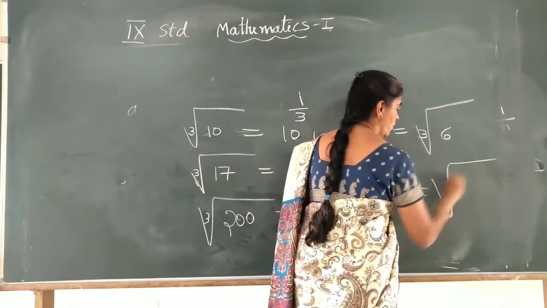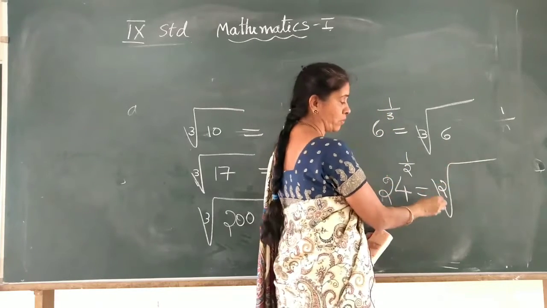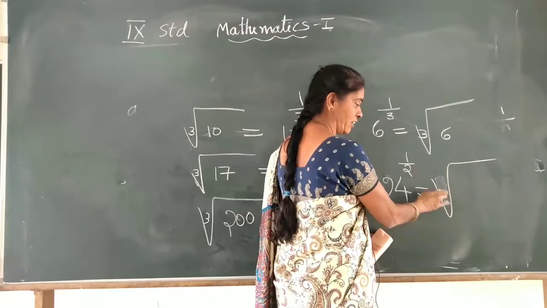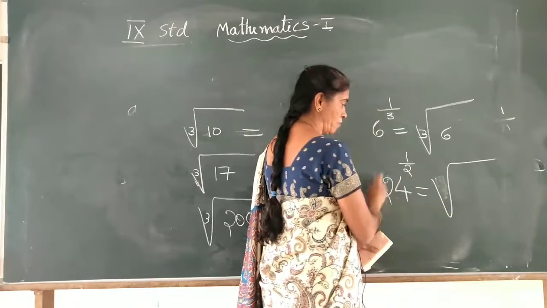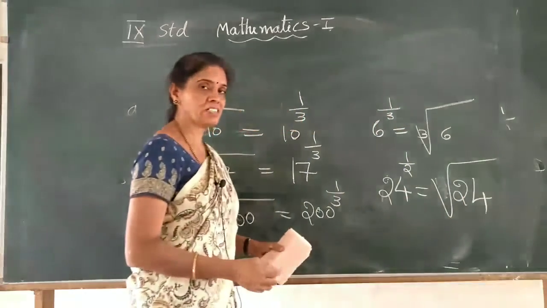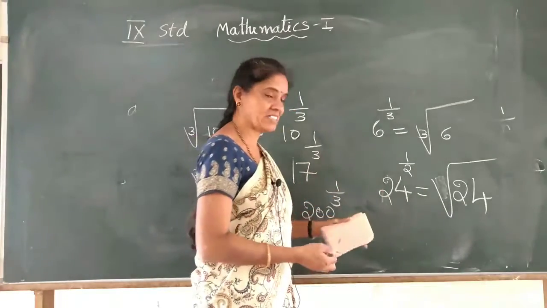The denominator is 2, so it is a square root. But we will not write the 2 here. The base number goes inside: it is square root of 24. That is the root form, and this is the exponential form. So you have to practice this.